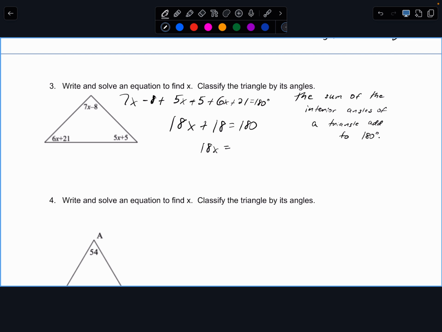Move that plus 18 over with subtraction. Very good. What's 180 minus 18? 162. Any thoughts on what x value times 18 would give you 162? What's 18 times 10? 180. And then if you look, 162 is 18 less than 180, so it's just 1 less than 10, which is 9.